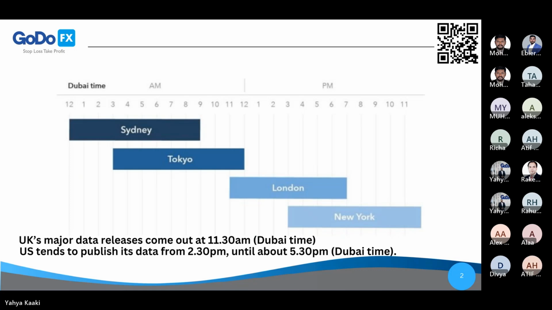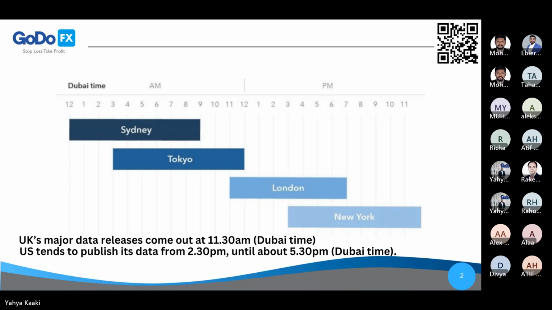For example, as we can see here in the graphic, Sydney and Tokyo overlap. Both are open at the same time, and one closes before the other. That's normal because each of them has another time. And as we can see, when Tokyo is about to close its session, London's session is open.